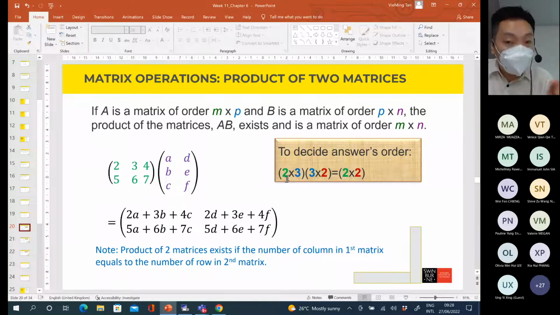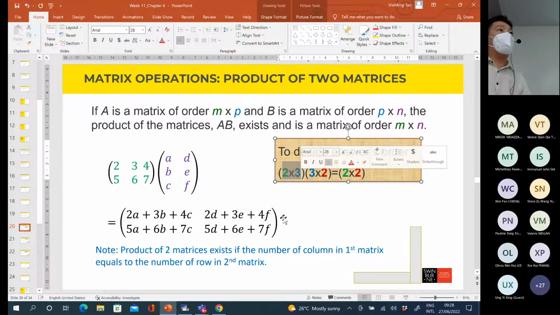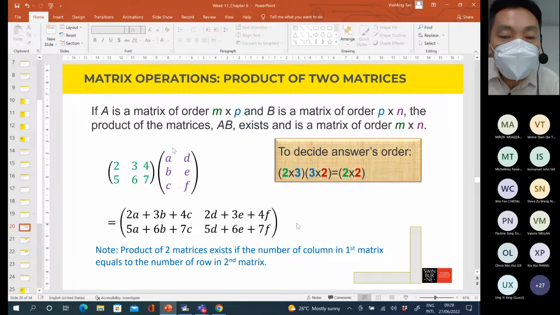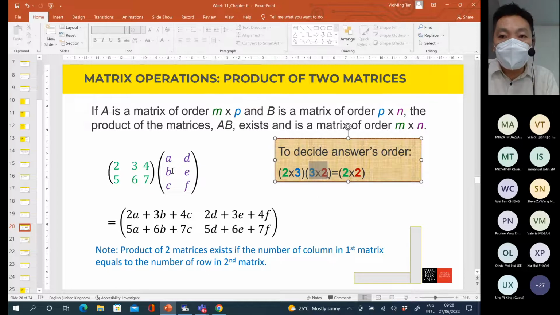So we can conclude matrix A is of order 2 multiplied by 3. How about matrix B? Matrix B has 3 rows and 2 columns. So matrix B has the order of 3 multiplied by 2.